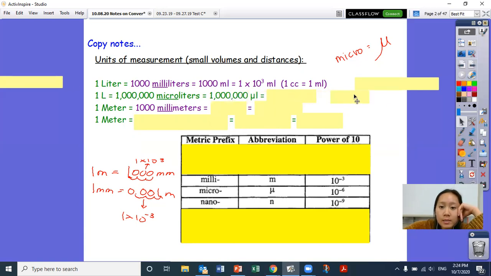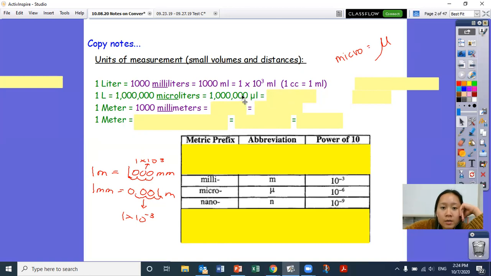And if you want to change that into the scientific shorthand, micro is actually a Greek symbol here. And it kind of looks like this right here, where you draw like a U, but has a huge tail in the front. And that is 1 million microliters equals 1 liter. Then if you want to change that into scientific notation, you're going to start with the decimal that's hidden back here because you don't need it when it's a full number, right?